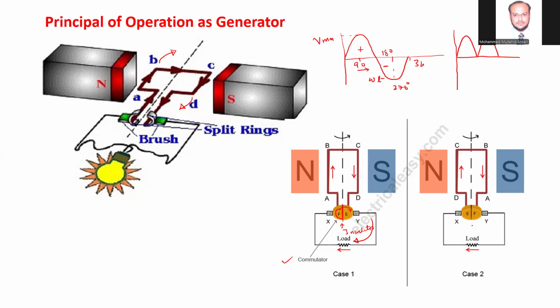The current in the external circuit will remain the same. Say in the positive half cycle, the current in the circuit is from Y to X, and in the negative half cycle or half rotation of the conductor, the current again remains in the same direction. This happens with the help of the commutator segment.